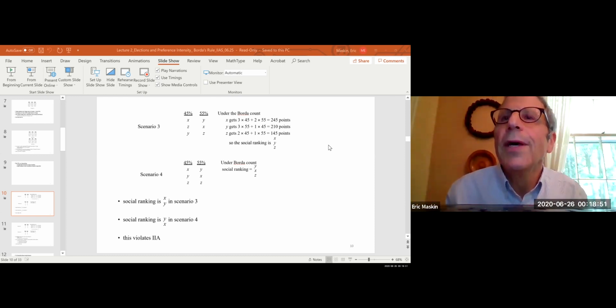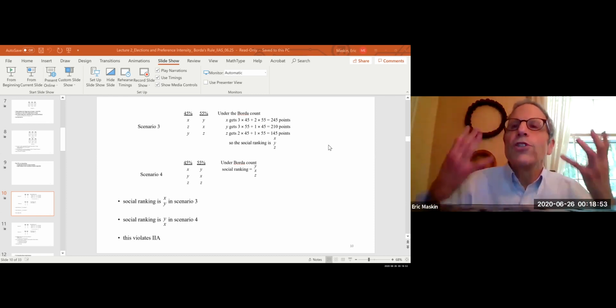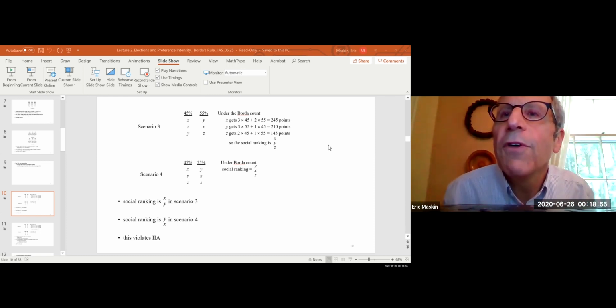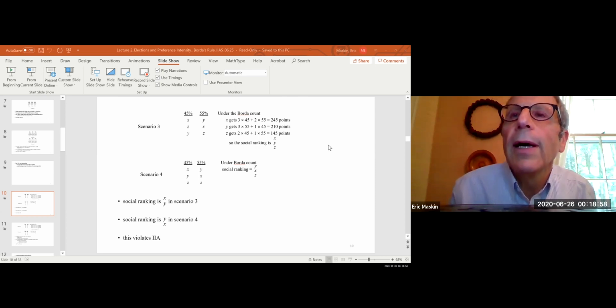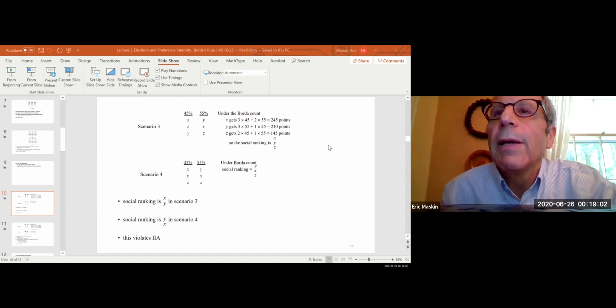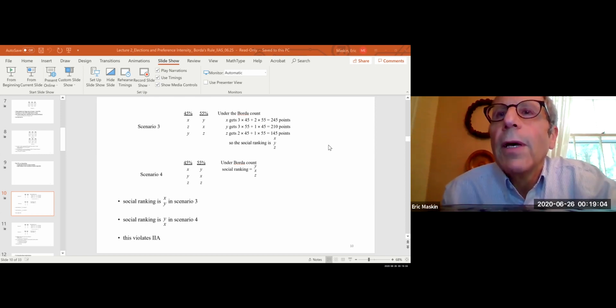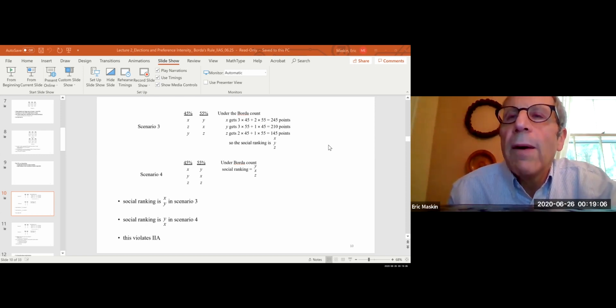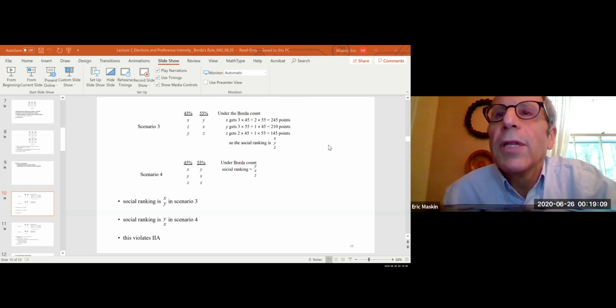So I showed that if you're choosing utilities from a distribution, then you can make inferences about cardinality from just ordinal information.